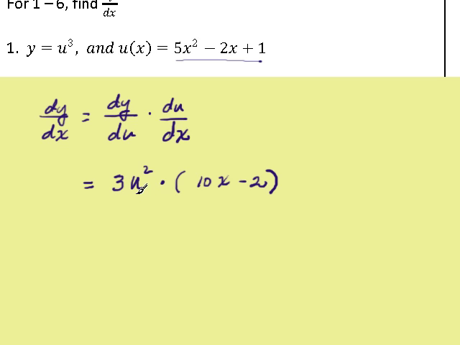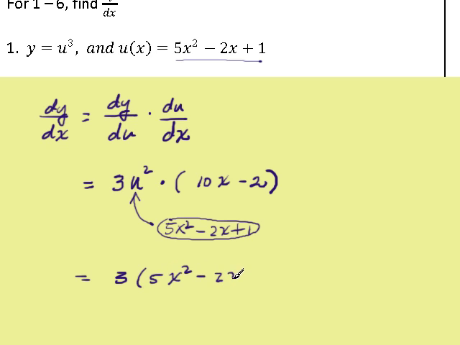Remember, here we had u is equal to 5x squared minus 2x plus 1. So we'll just substitute that back for u. Okay, so this is equal to 3 times 5x squared minus 2x plus 1, squared, times 10x minus 2. All right, so that's our derivative dy dx.